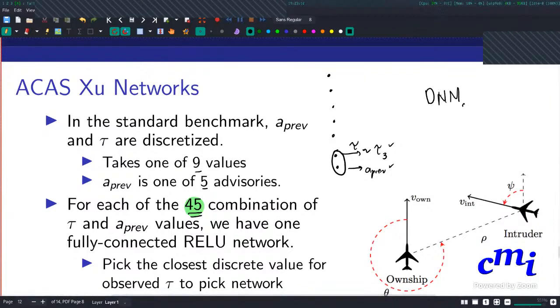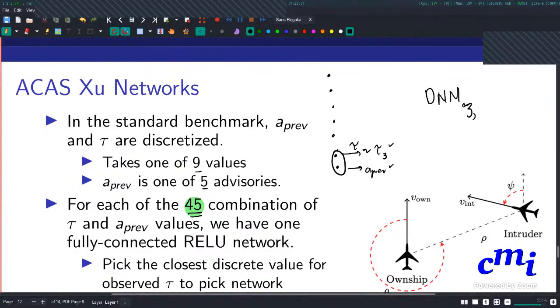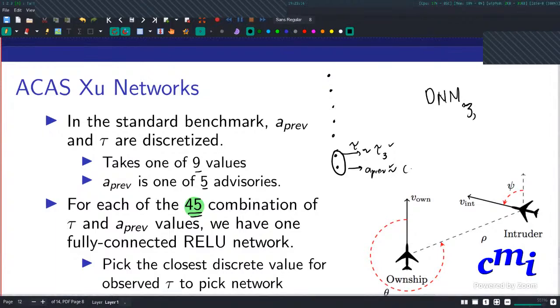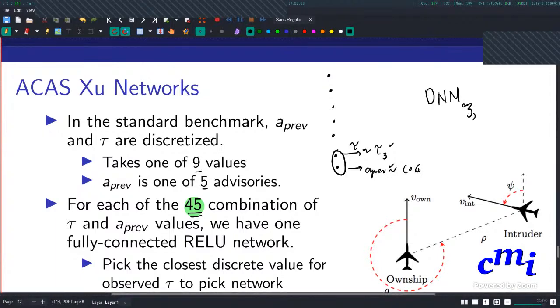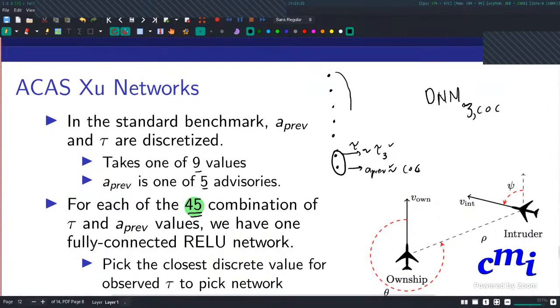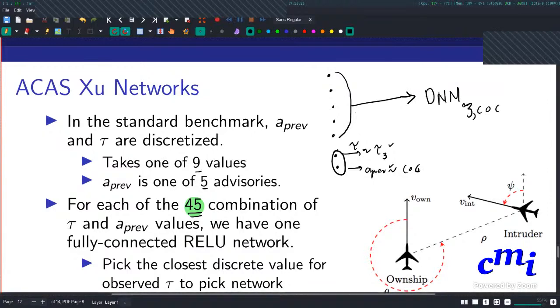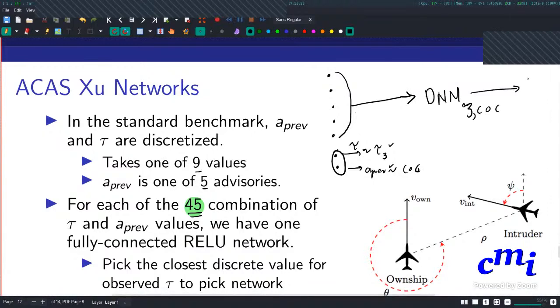So they'll choose, say, DNN 3, and if aprev was, say, COC, or clear of conflict, they'll choose DNN 3 clear of conflict, and they'll pass the rest of the 5, the 2D picture inputs, to this DNN, and then this DNN will again produce 5 outputs, and then the rest of it is the same.